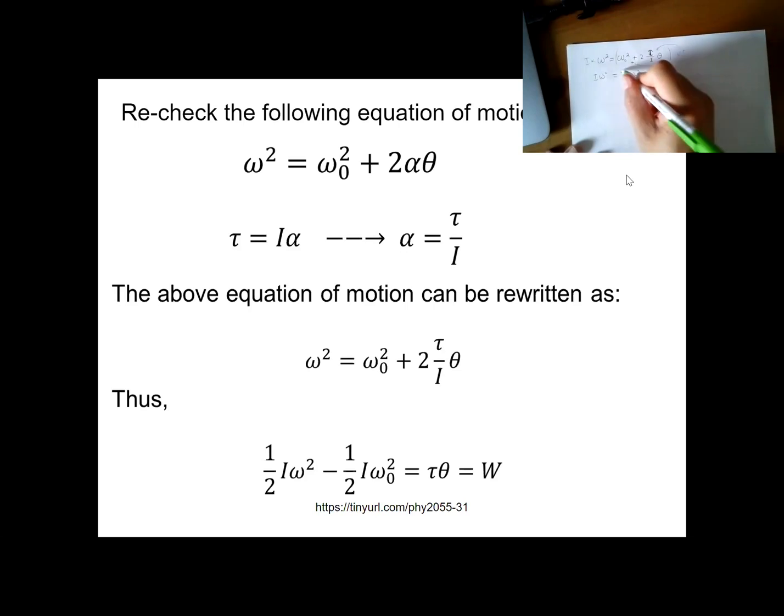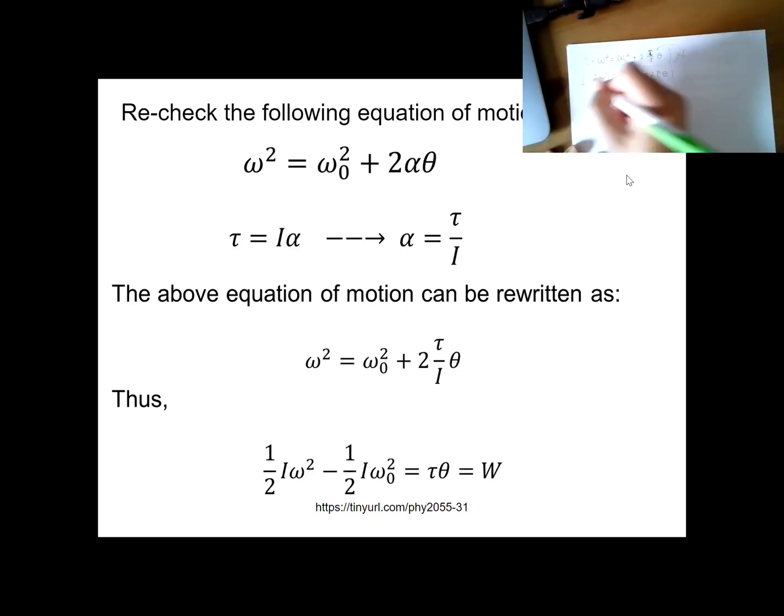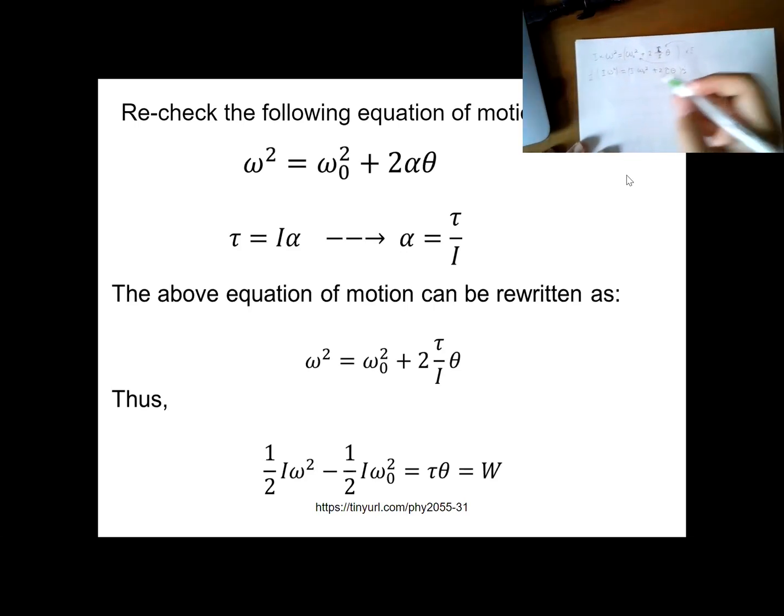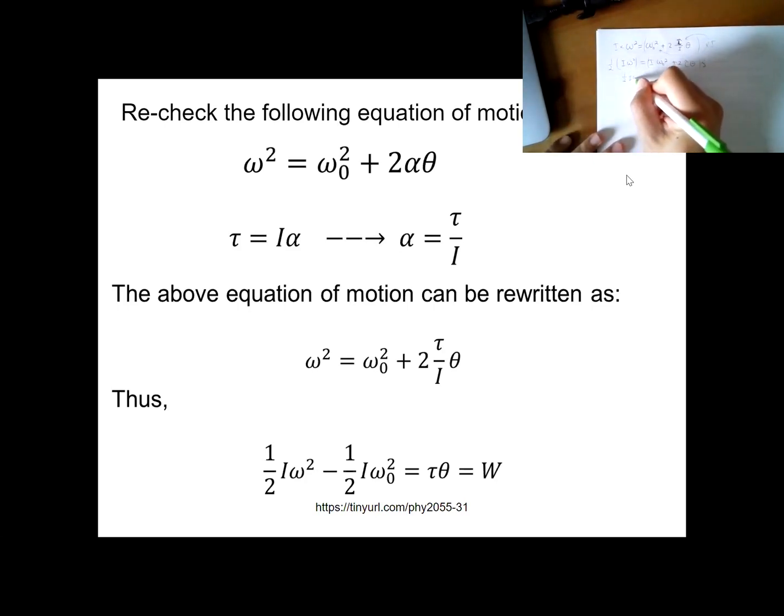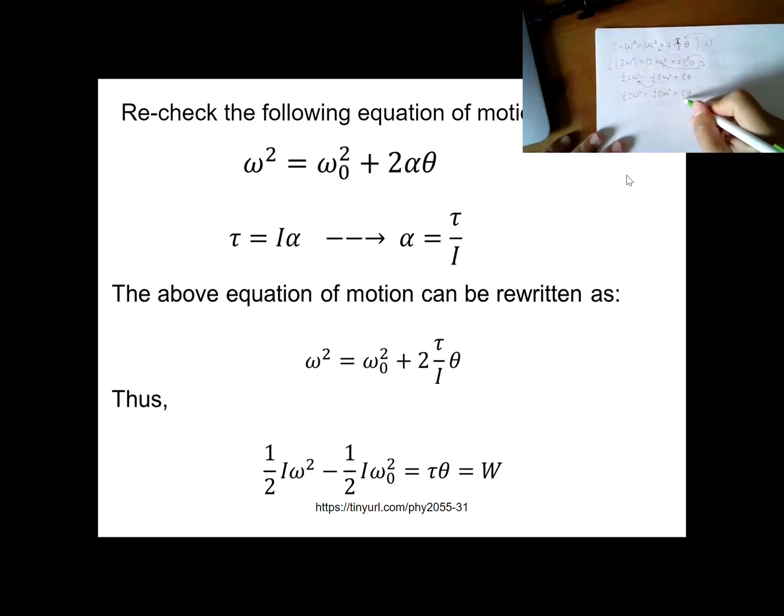Then you multiply both sides by 1/2. So then you have 1/2 I omega squared equals 1/2 I omega 0 squared plus 1/2 times 2, that cancels out, tau times theta. Then move this over. So then 1/2 I omega squared minus 1/2 I omega 0 squared equals tau times theta.